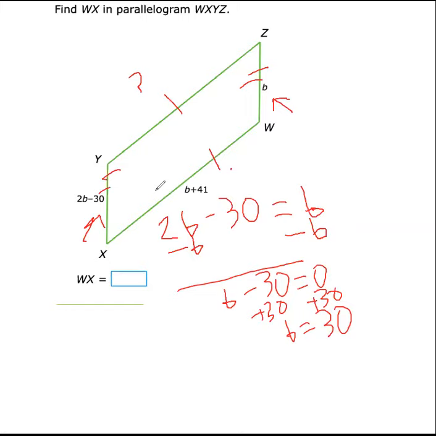So b in this case is going to be 30. They want us to find WX, so now I have to plug it in. b plus 41 is the side that I'm looking for. If I fill in 30 for b, it's going to be 30 plus 41, and that's going to be 71.